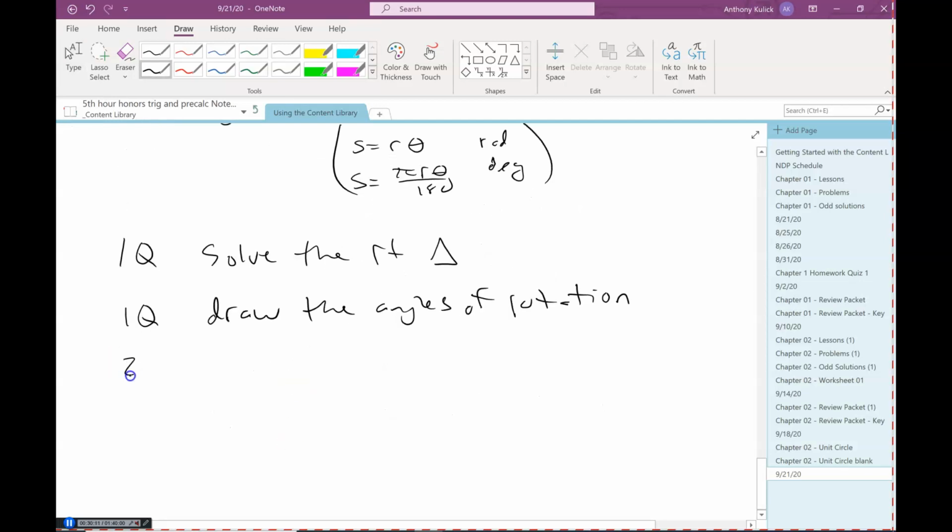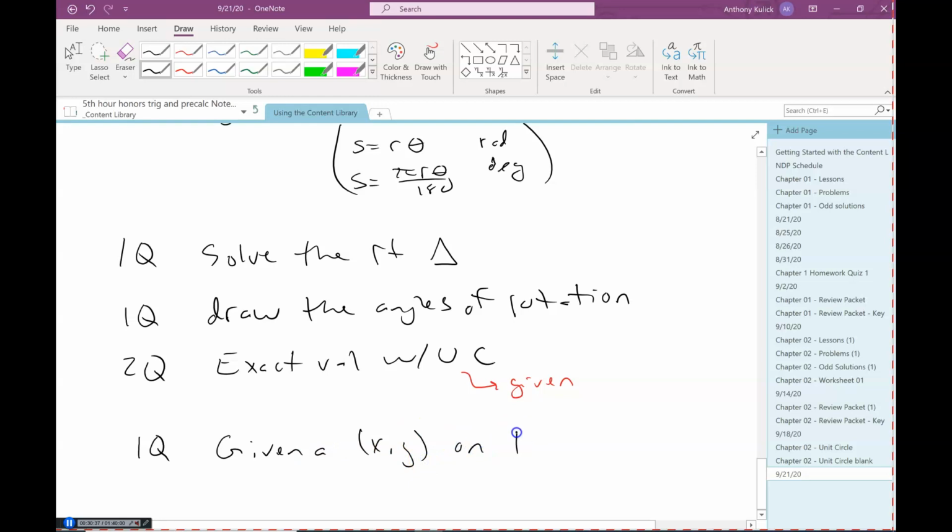Okay. I have 2 questions where I ask you to find the exact value with the unit circle. You'll be given the unit circle. You'll have one question where you're given a point on the terminal side of an angle, and then I'll ask you to find the 6 trig ratios.